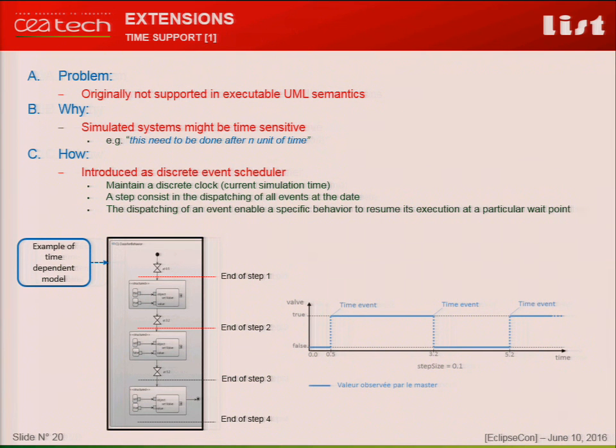And when this time is reached, then the second step can be done. We register again this accept event action, which means we need to wait for a certain amount of time, and then we can just continue the execution at that point of time. And this is basically the same for the next example.